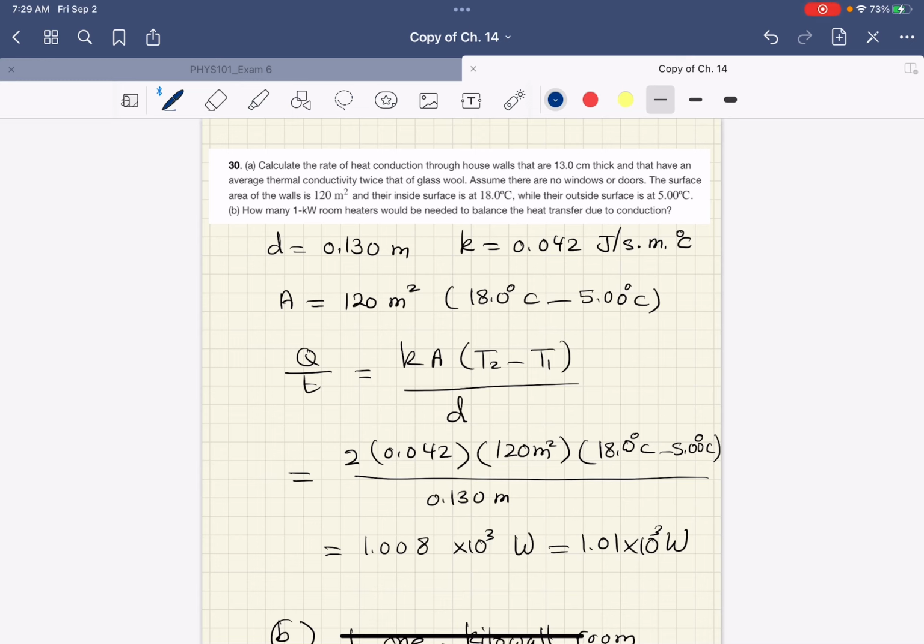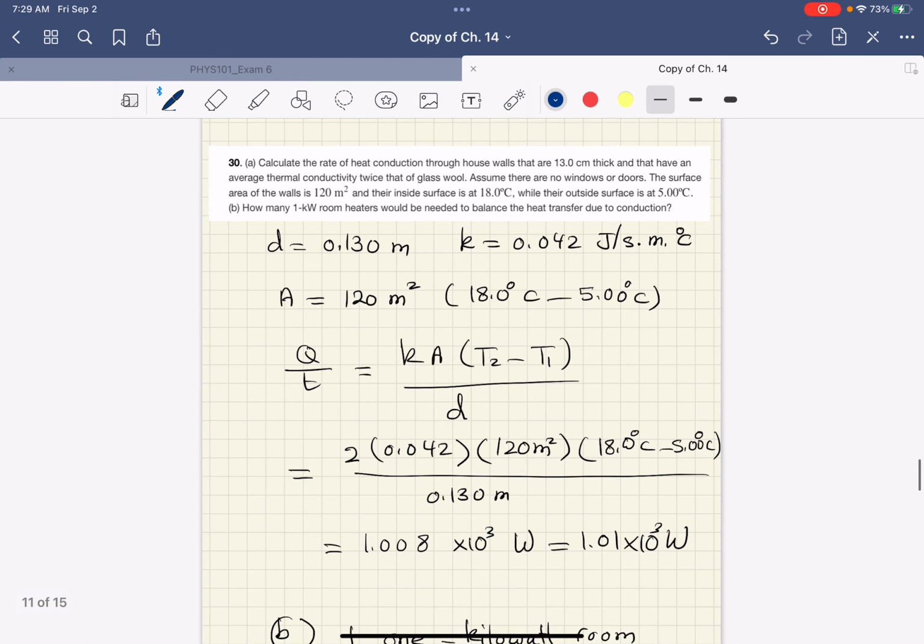Assume that there are no windows or doors. The surface area of the walls is 120 square meters, and their inside surface temperature is 18, while their outside temperature is 5.